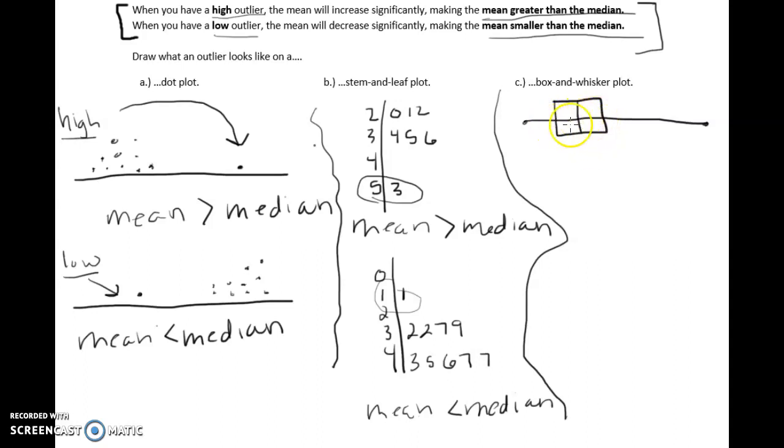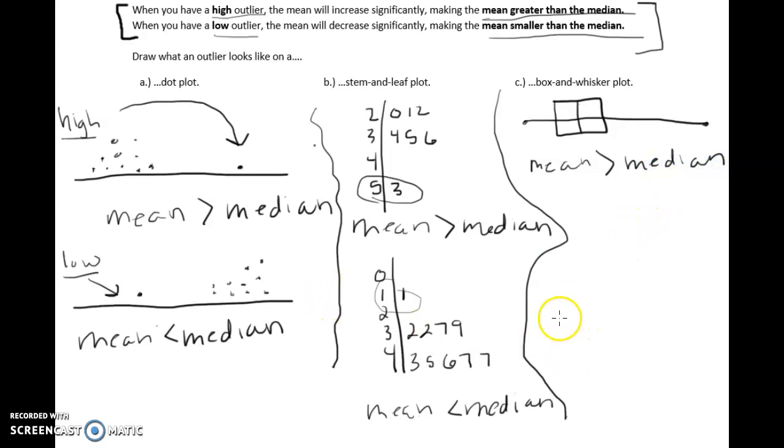So this would have a high outlier because remember with the box and whisker plot, this is 25% of the data, 25, 25. So 75% of the data is over here and then only 25 is here. This must be an outlier because it's dragging everything else. So this has a high outlier and that would again mean that that drags up the mean, making the mean greater than the median.